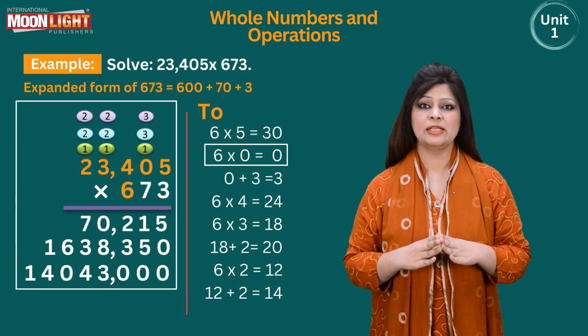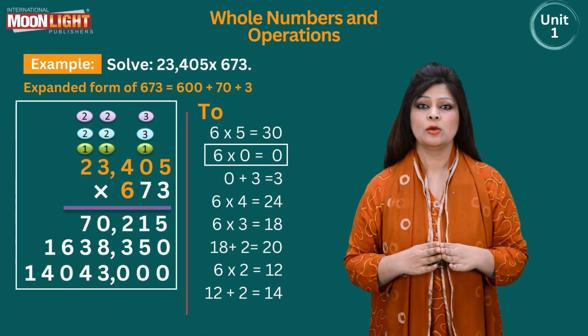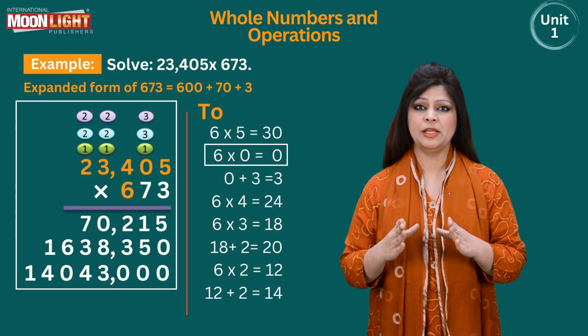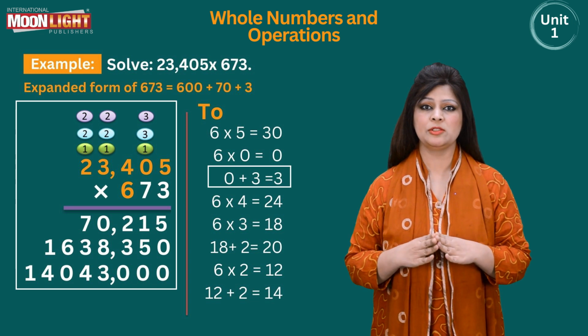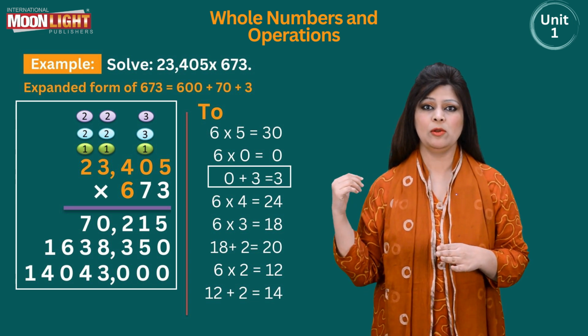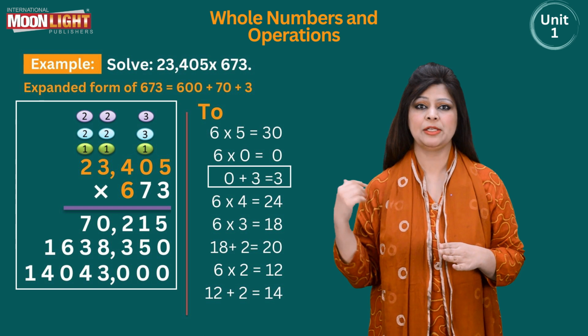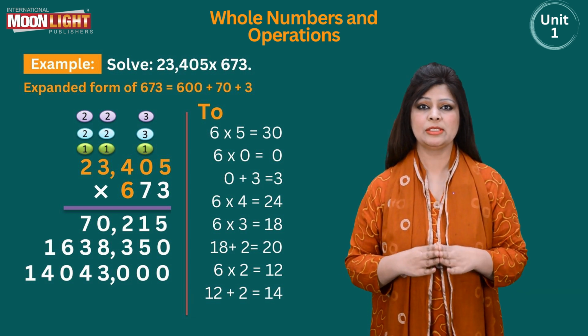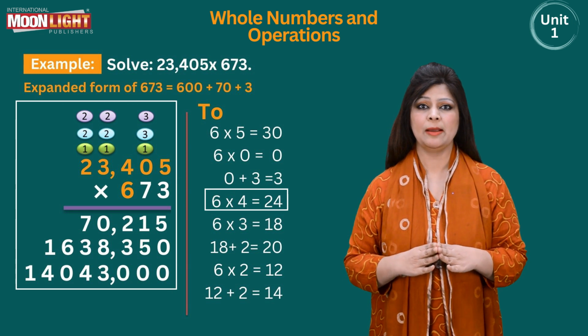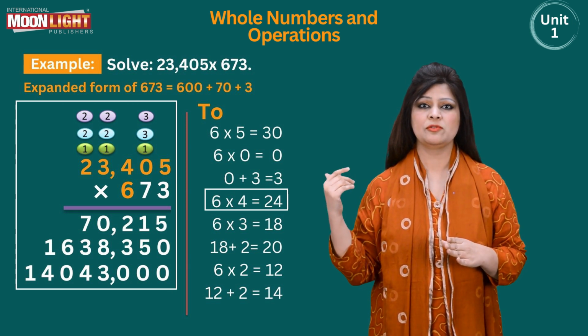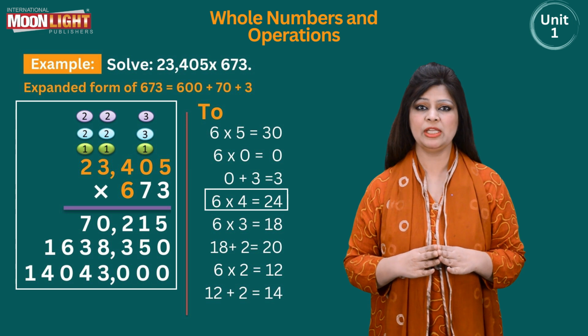Now 6 zeros are 0. So 0 plus 3 is 3. So I am going to write down this 3 here below the number 8. Now my dear students, again I am going to multiply the number 6 with the number 4. 6 fours are 24.